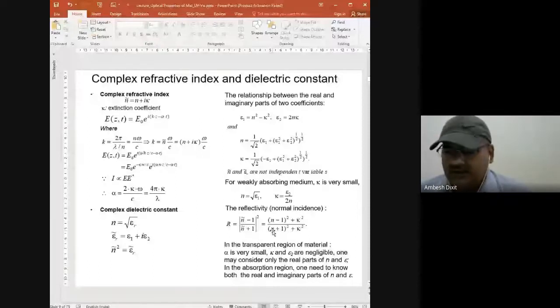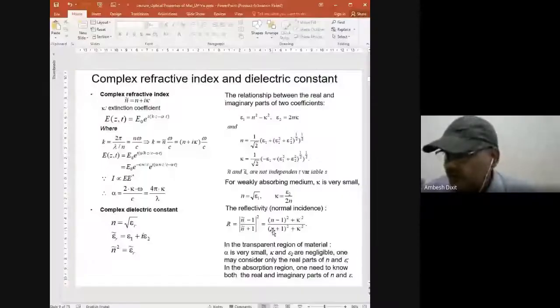Up to this point, we have seen that light comes from outside, interacts with your material, and we get some information in terms of the reflected signal, or vice versa the transmitted signal, and then try to correlate it with the material's properties, which are n and k. That is clear. But what is happening at the microscopic level is also important.